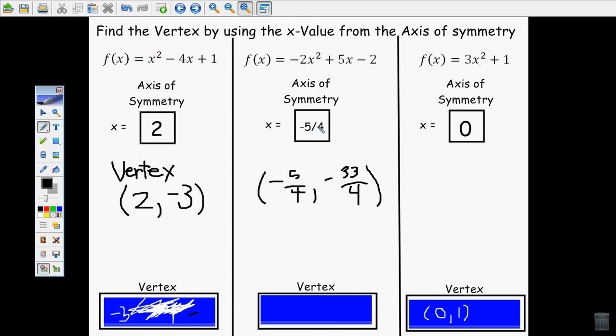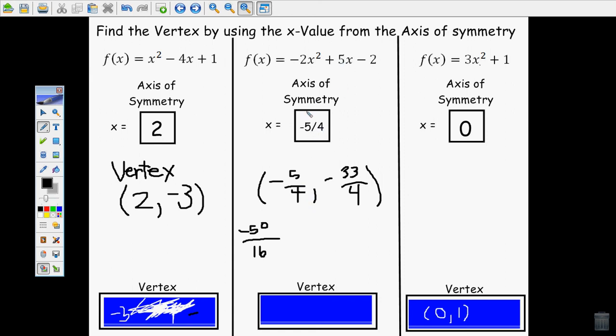So 25 over 16, and then you multiply that by negative 2, and you get negative 50 over 16. Sorry, this is hard to write with. Then you take the negative 5/4 and plug it in right here.